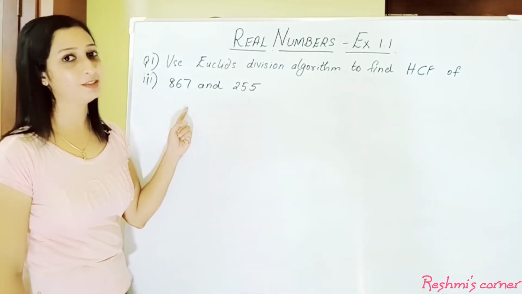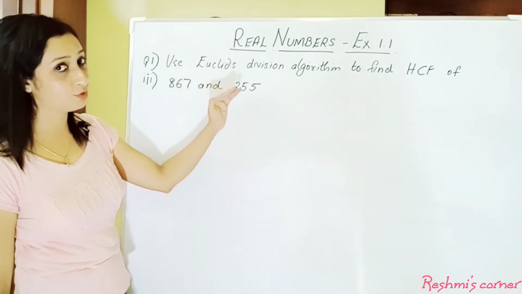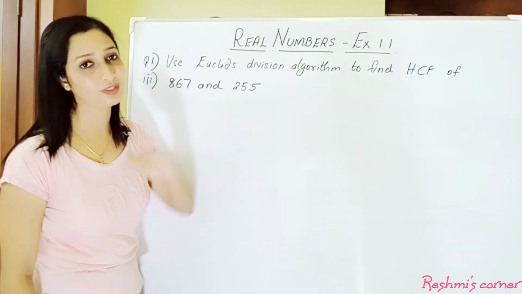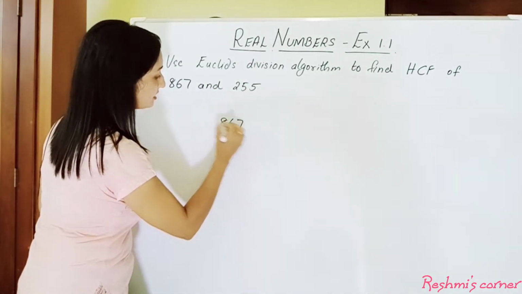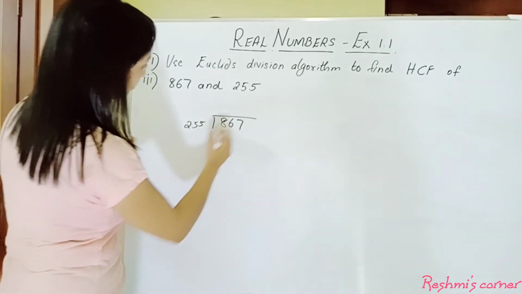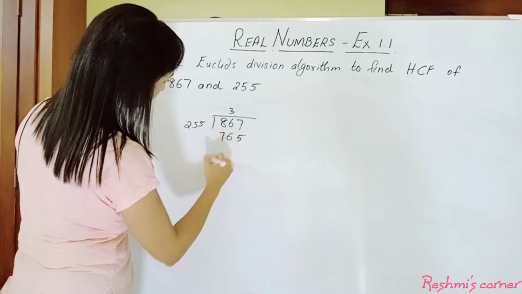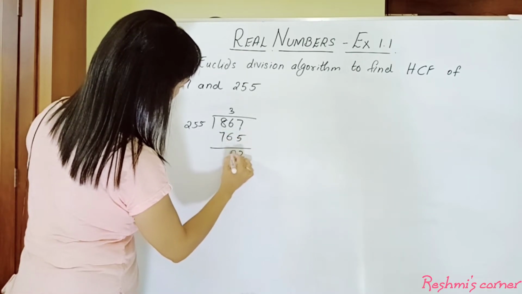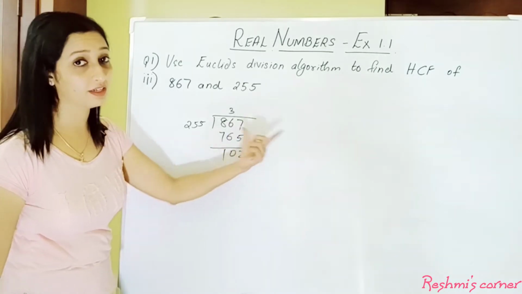So this is our third question, which is to find out the HCF of 867 and 255 using Euclid's division algorithm. So let's start the division. 867 divided by 255. 255 threes are 765, and the balance you get is 102, which is not 0. So we divide again.